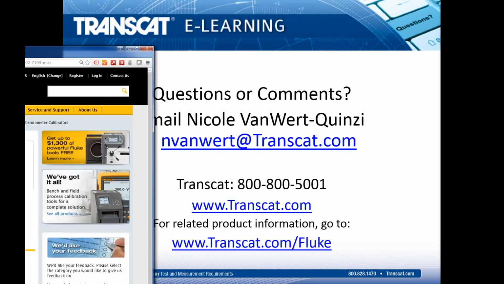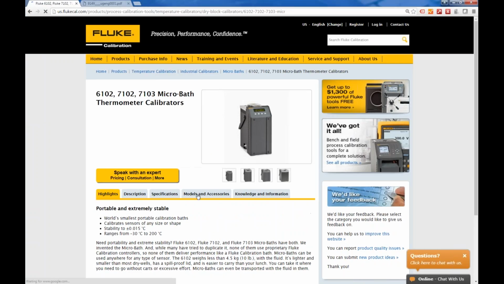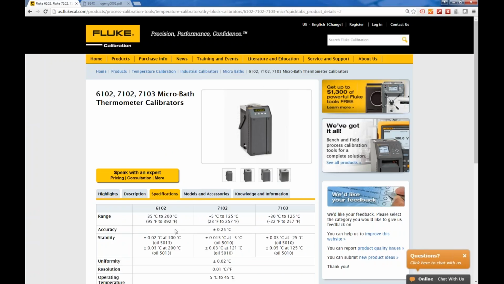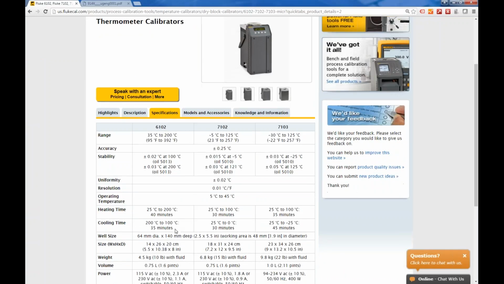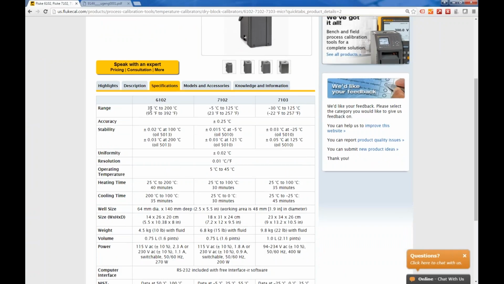My internet connection is just a little bit slow because we're running the webinar, I think. So with the microbaths, you have some options. Like if I just need to go above zero, the 6102 goes from 35 to 200 degrees Celsius. If I need to go to a really low temperature, like minus 30, the 7103 would be the right choice.